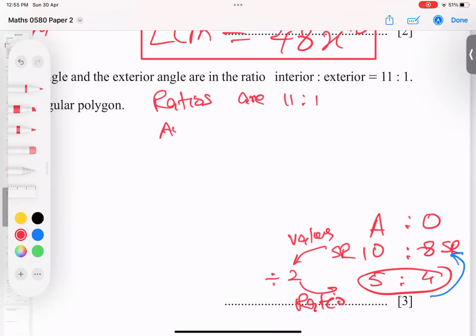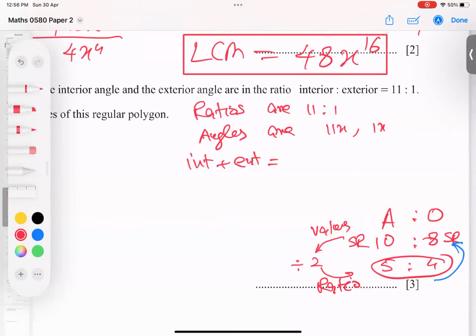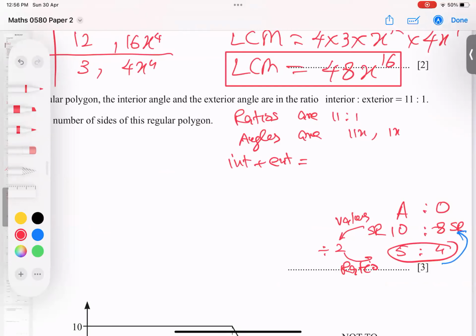Angles are 11x and 1x, and this is called interior. So you know interior angle plus exterior angle is equal to 180. So interior angle 11x, exterior angle 1x, I'm getting 12x.